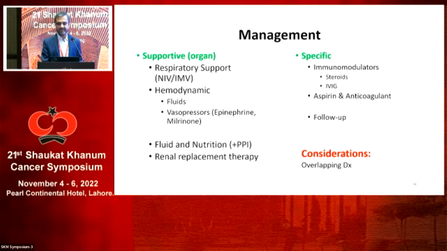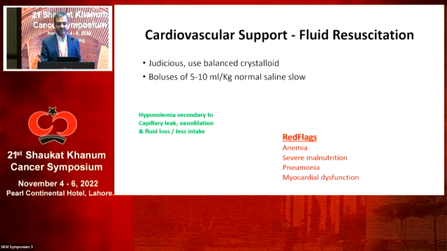So it really becomes important to individualize the diagnosis as well as the management. So cardiovascular support, as I said, is judicious use of balanced crystalloids, boluses of 5 to 10 ml per kilo of normal saline, which should be slow, keeping in mind the red flag of anemia, because anemia is one of the common presentations from the community in children with cancers.